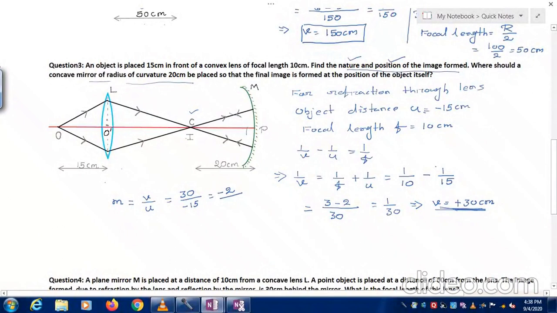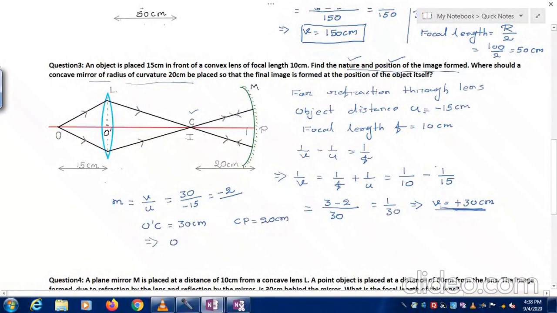Now the question is, what is the distance between the lens and the mirror? See here the image distance, that is O dash C. We have calculated O dash C is equal to 30 centimeter, and also it is given that CP is equal to 20 centimeter.